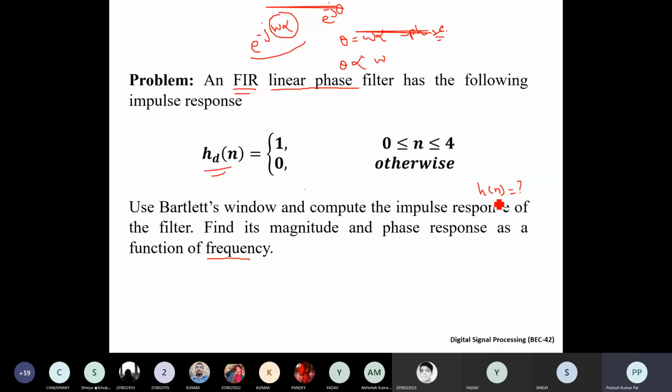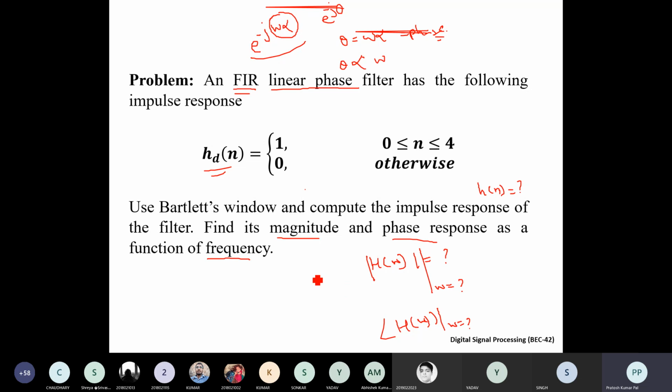Along with h of n, we need to find the magnitude plot and the phase plot. For the magnitude plot, we have to find the magnitude of H of omega for different omega values, and the phase of H of omega likewise.